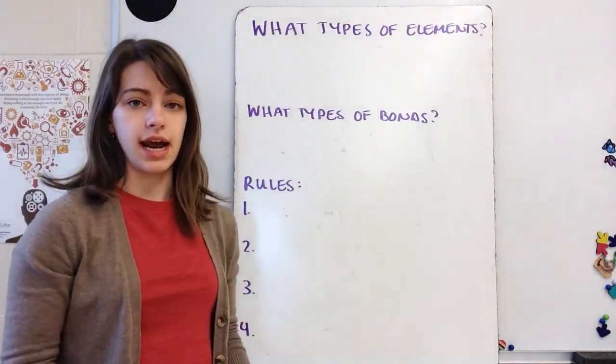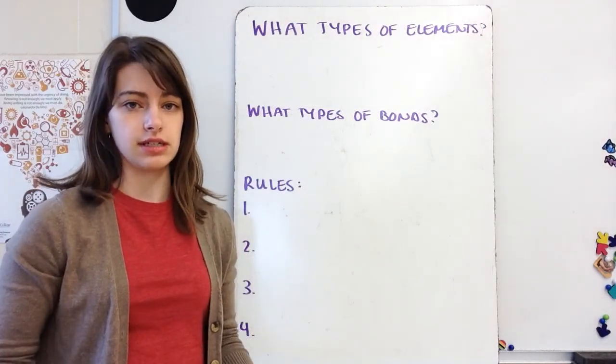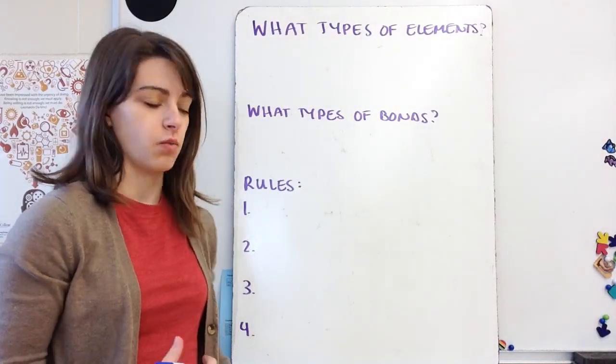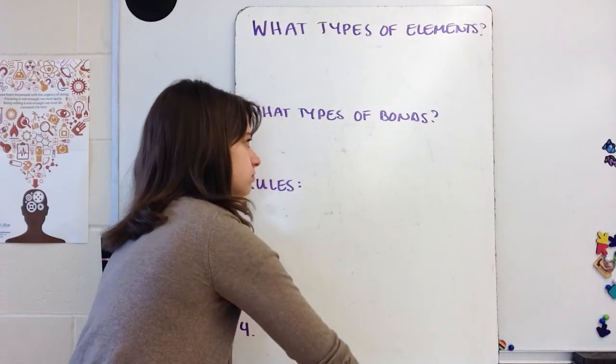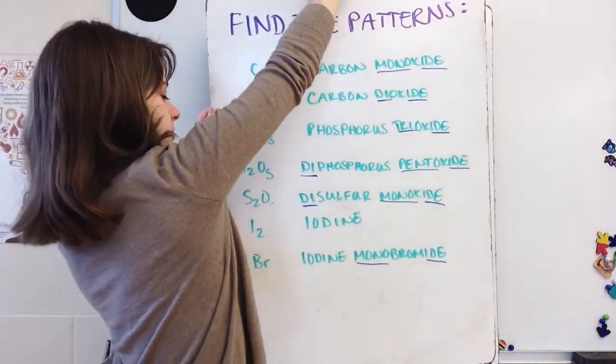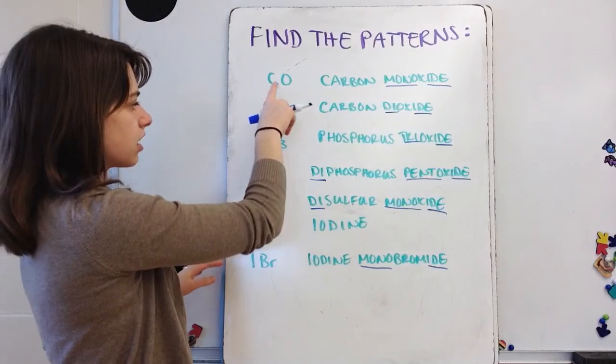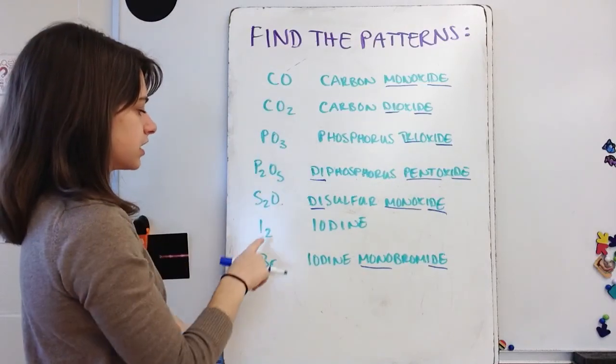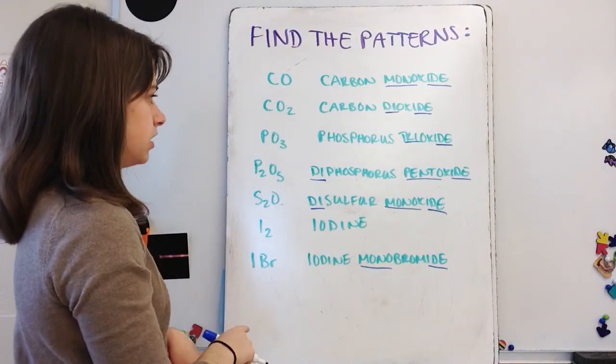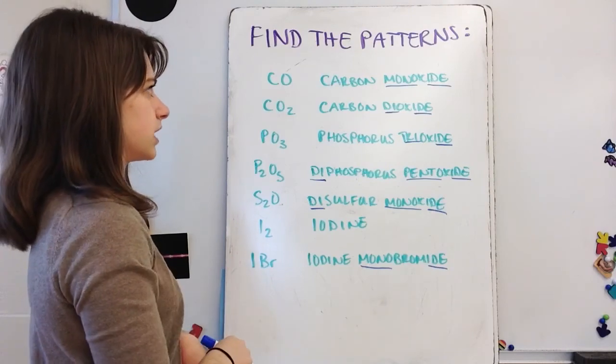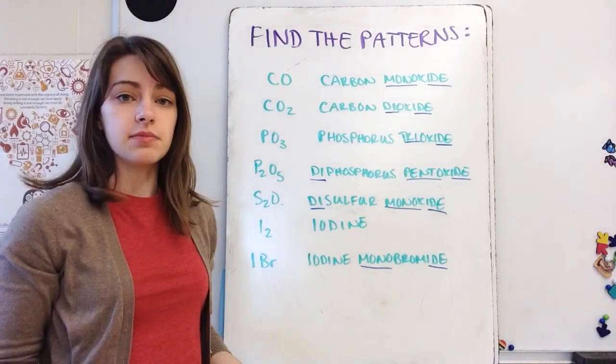So the first question I want to ask is, what were the types of elements in these compounds? So maybe we need our list again. If we put our list back up, I see carbon and oxygen, phosphorus, sulfur, iodine, and bromine. I think that covers all of them in this list of examples. What types of elements are those?